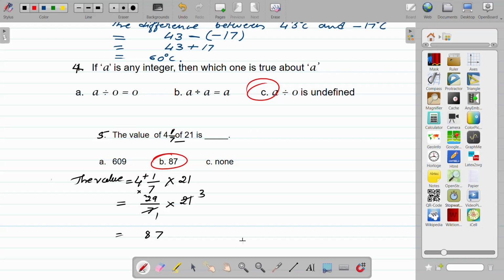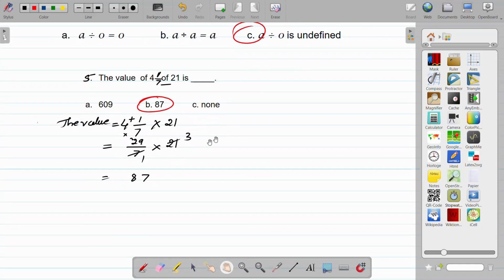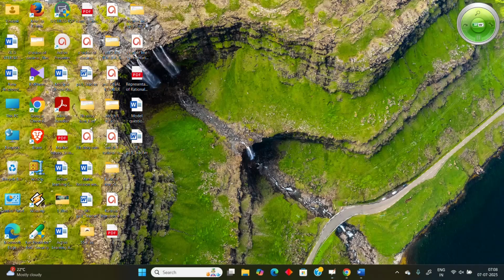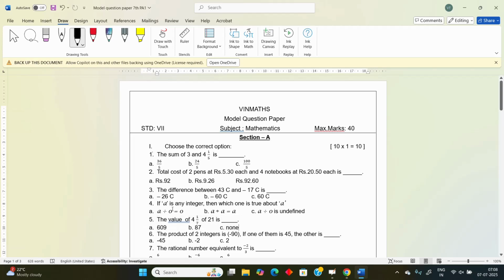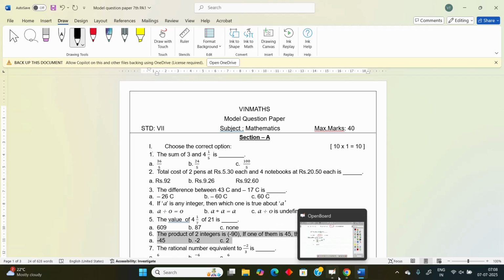So we are okay. Next, the sixth one. The product of two integers is negative 90, and one of them is 45. The other?